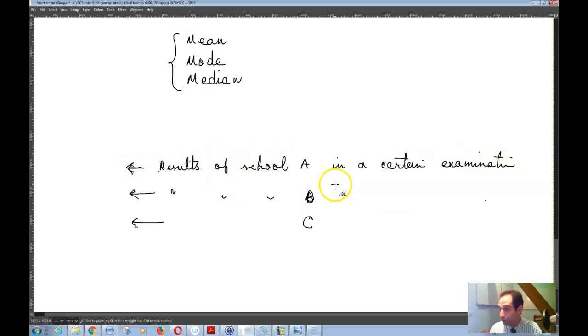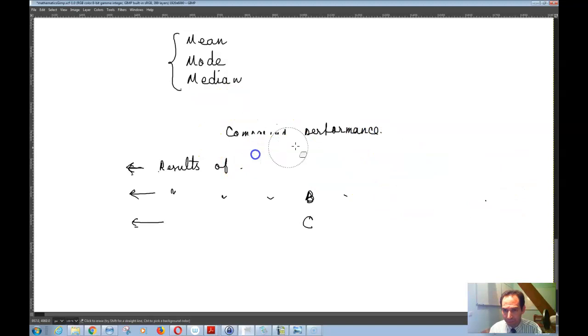That way you can compare. Meaning that you can use it for comparing performance. Okay, so that's about the mean.